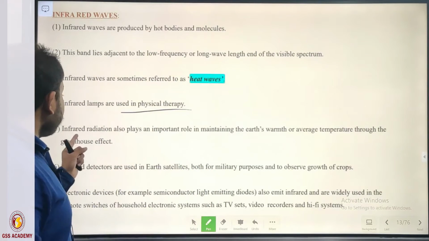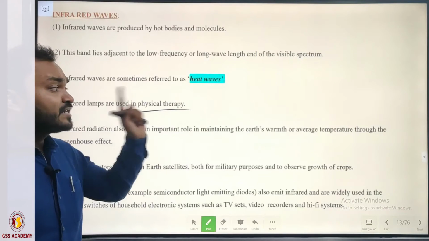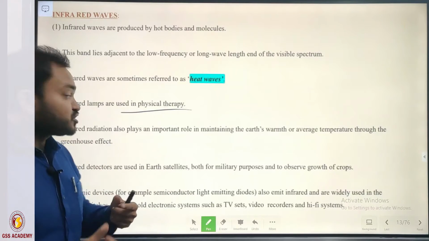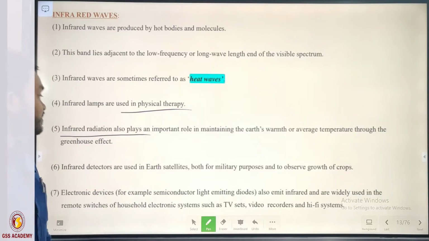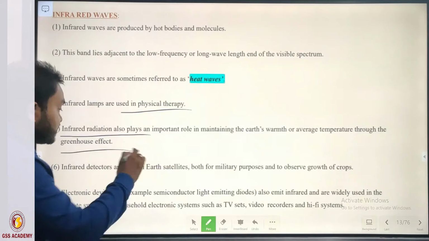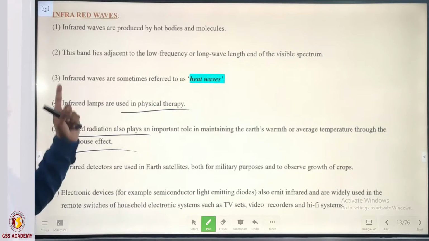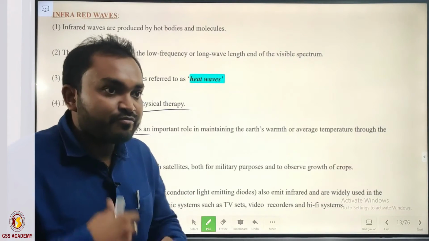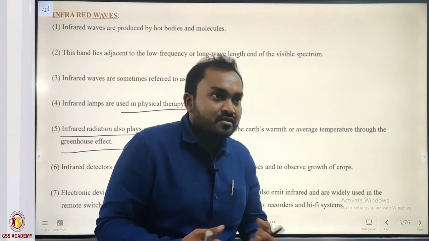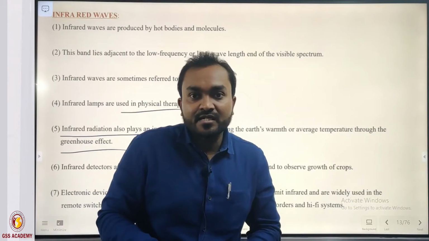Okay, infrared radiation also plays an important role in maintaining Earth's warm average temperature through the greenhouse effect. So infrared radiation plays a role in your greenhouse effect. Okay, so this is why I put it here, because in your GATE exam, I hope you are preparing for GATE exam, that's why you are enrolled in this GSS Academy.